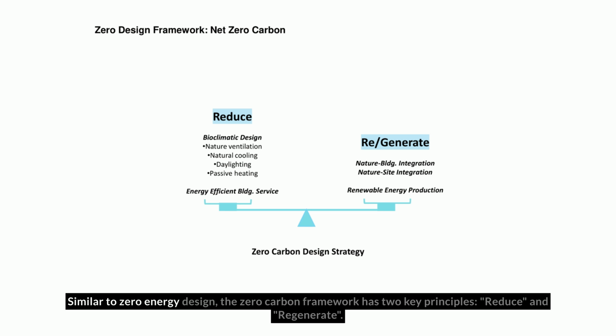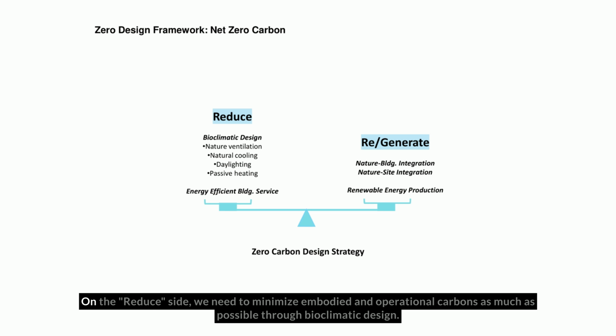Similar to zero energy design, the zero carbon framework has two key principles: reduce and regenerate. On the reduce side, we need to minimize embodied and operational carbons as much as possible through bioclimatic design.